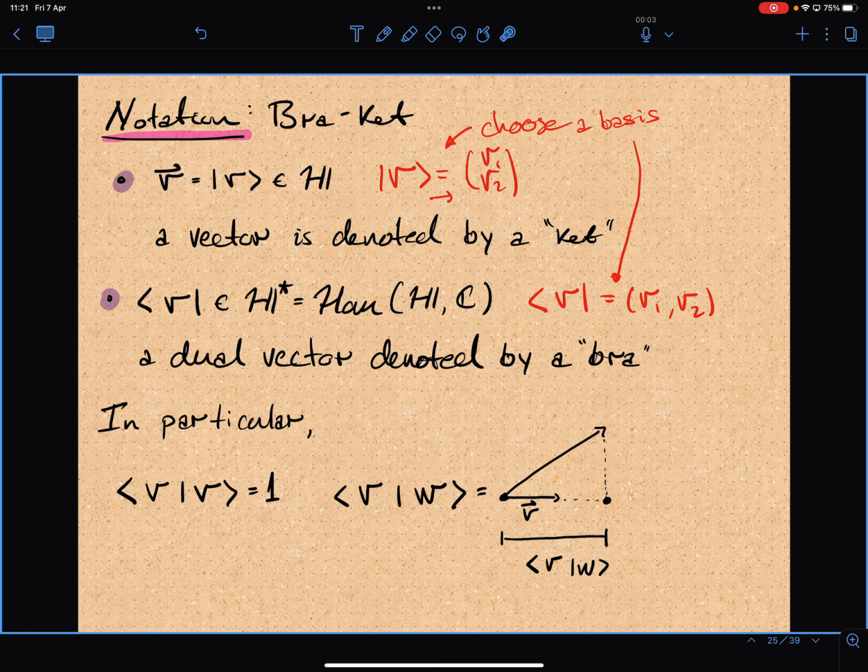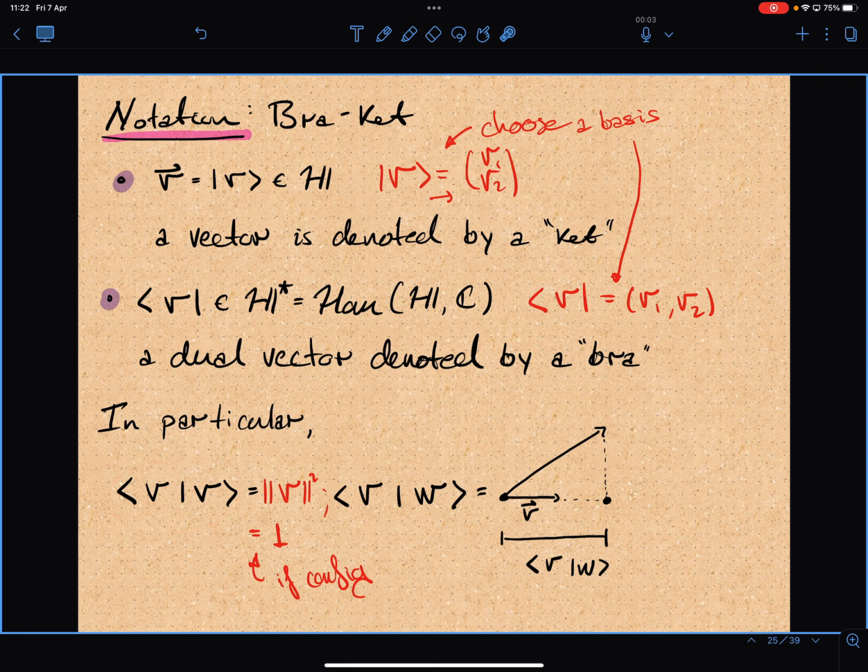In here, this is going to be the norm squared, and 1 if it's a configuration. Here additionally we have a geometrical interpretation that this is going to be the dot product.